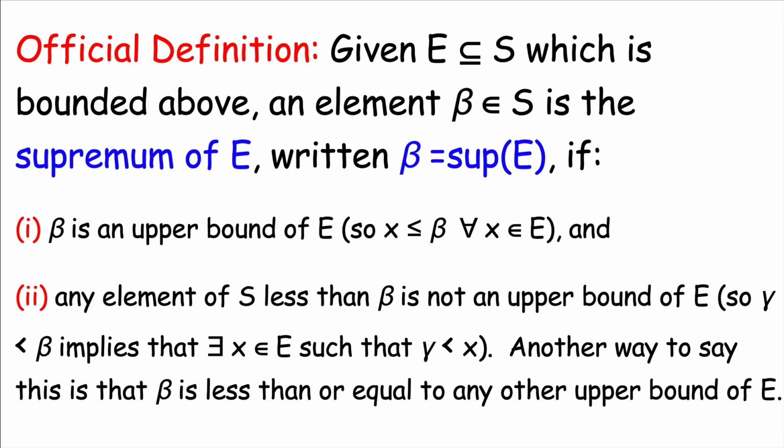Another way to say this is that beta is less than or equal to any other upper bound of E. Beta is the least upper bound of E, but more often we're going to call it the sup of E.